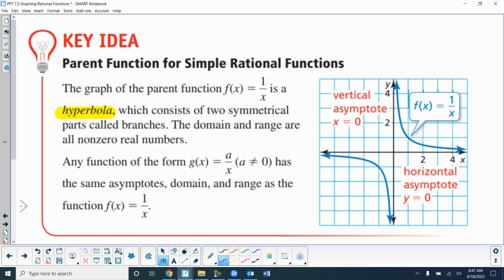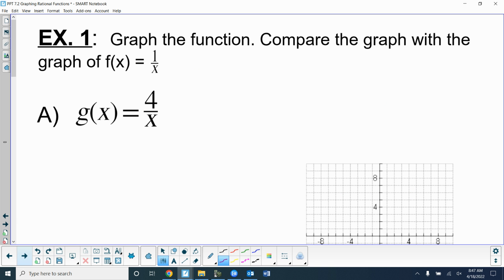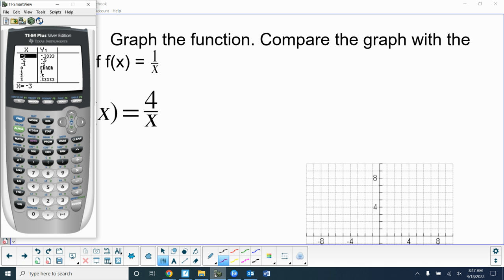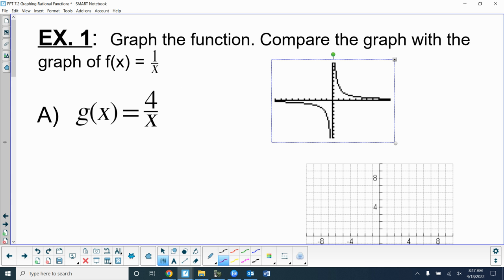So 4 over x, just put in your calculator. Y equals, we're changing 1 to a 4. Hit enter. Oops, not clear. Graph, sorry. And there it is. It's just a little bit different. Okay? We could put numbers in if you want, but again, you don't have to.